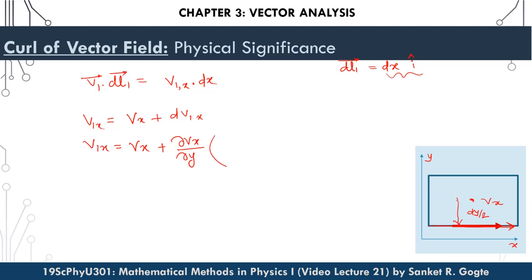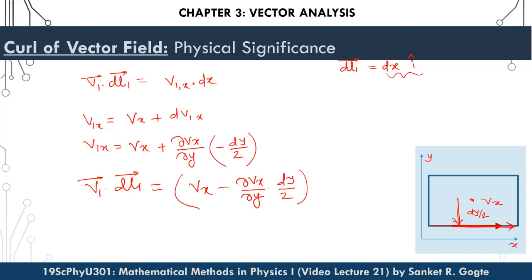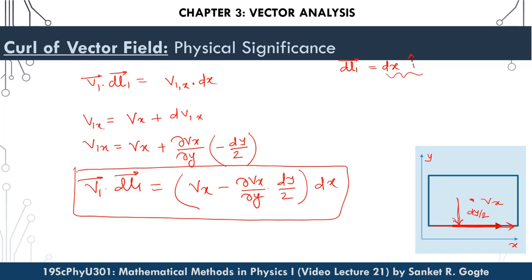In this case, since we are moving along negative y-axis, it is minus dy by 2, and therefore v1 dot dl1 is equal to vx plus or minus dou vx by dou y into dy by 2 into dx. So in this way we have calculated the first dot product.